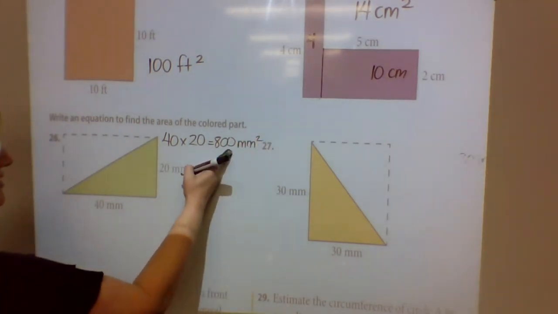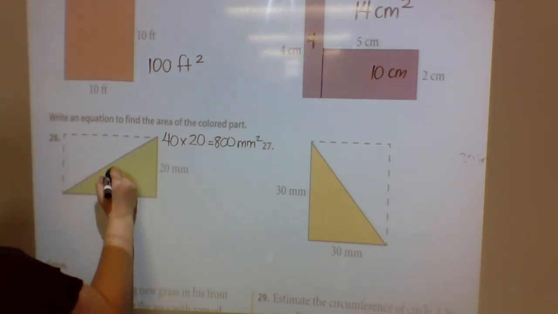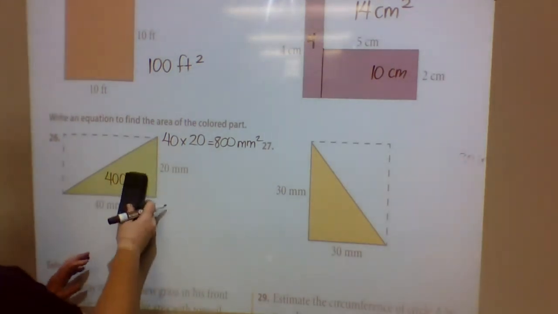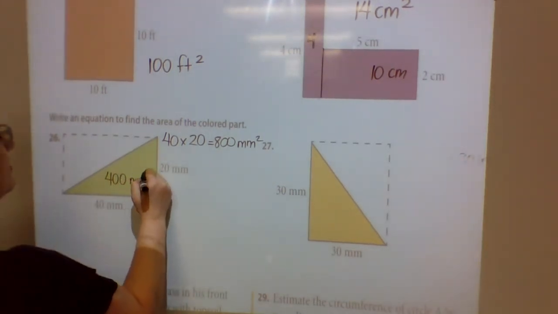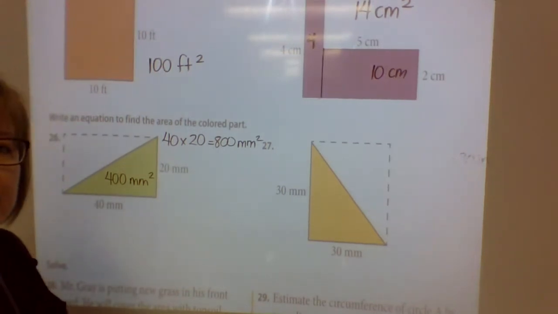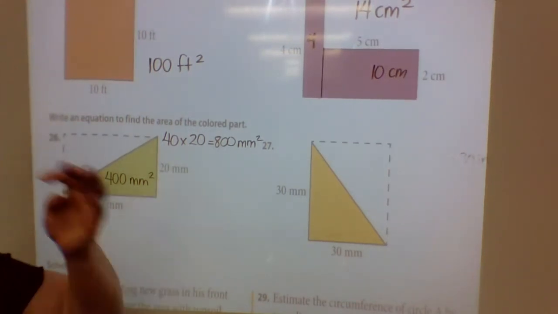Okay, and half of 800 would be 400 square millimeters. I think I said meters.